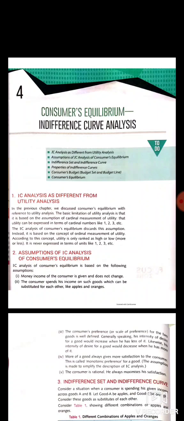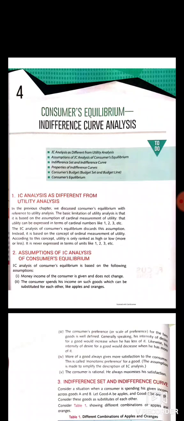Like in the previous chapter, we discussed utility analysis, and the basic limitation of utility analysis is that it is based on the assumption of cardinal measurement of utility. Means utility can be expressed in terms of cardinal numbers like 1, 2, and 3.